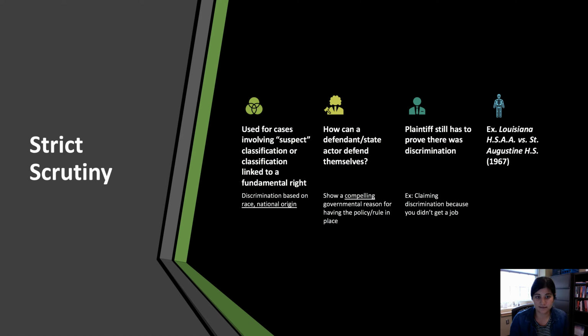The court says this is very clearly a strict scrutiny lens that needs to be applied because we're dealing with discrimination based on race. So basically, they were denied access to this high school athletic association for no other reason than they were made up of predominantly black students, and the existing association wanted to keep them out.